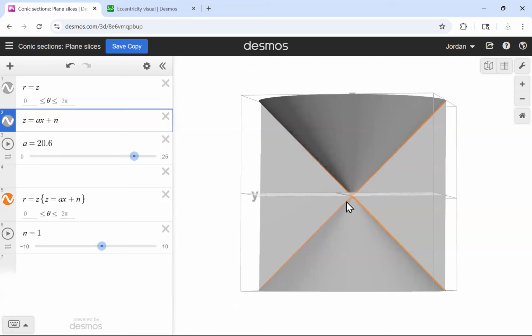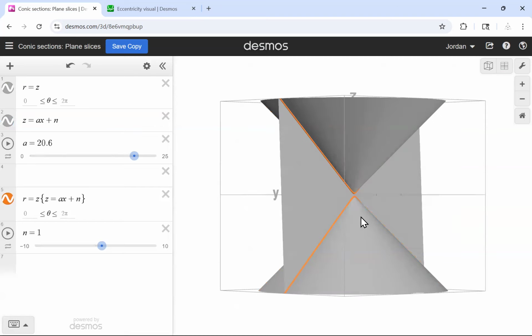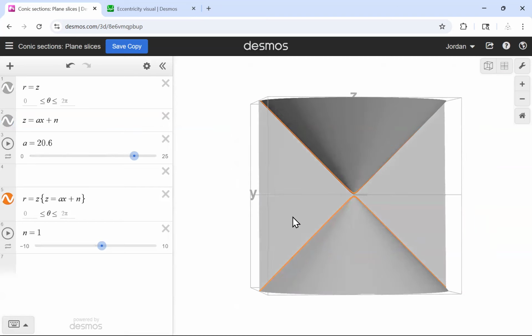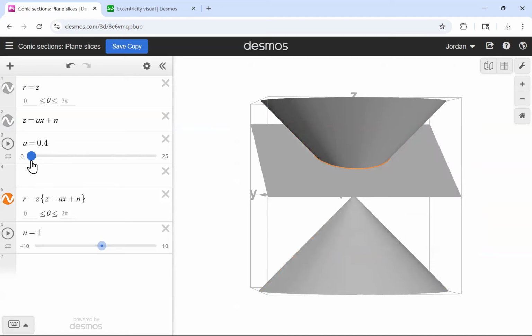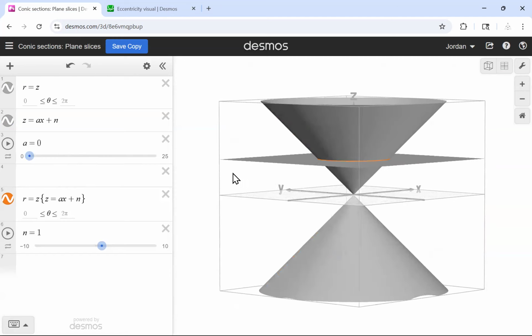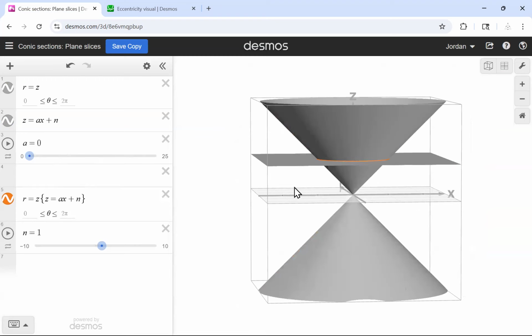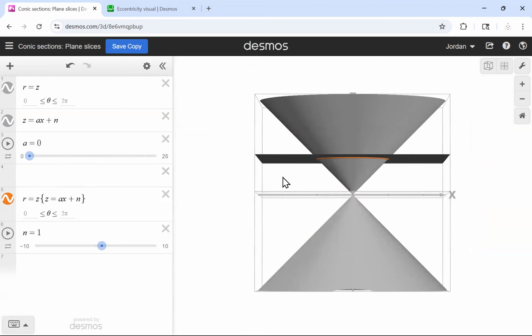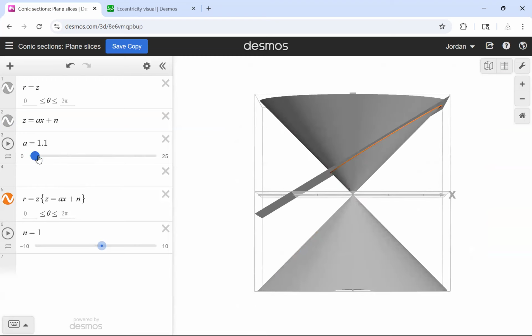So there we go. That's the idea of eccentricity. All the other ones are pretty straightforward. Circle, 0. Ellipse, anywhere between 0 and 1. And then the parabola at 1.